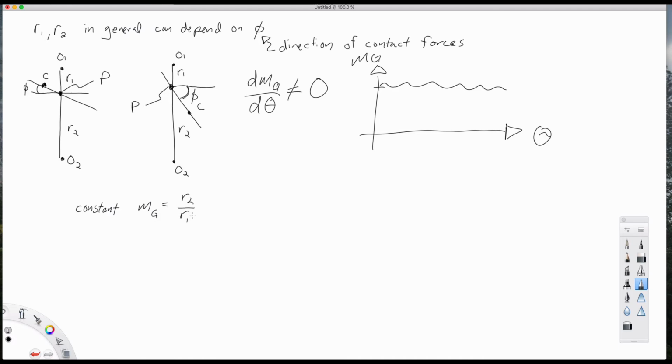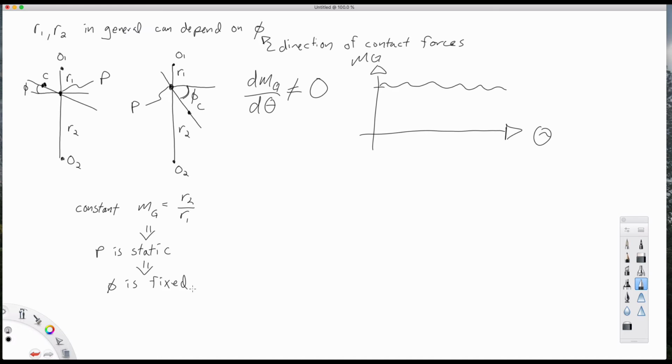We want to have a constant speed ratio. That means the ratio between R1 and R2, the pitch radii, cannot change. And then equivalently, this means that the pitch point must stay put. For the pitch point to stay put, this means that the pressure angle, the angle of the line of action, cannot change.